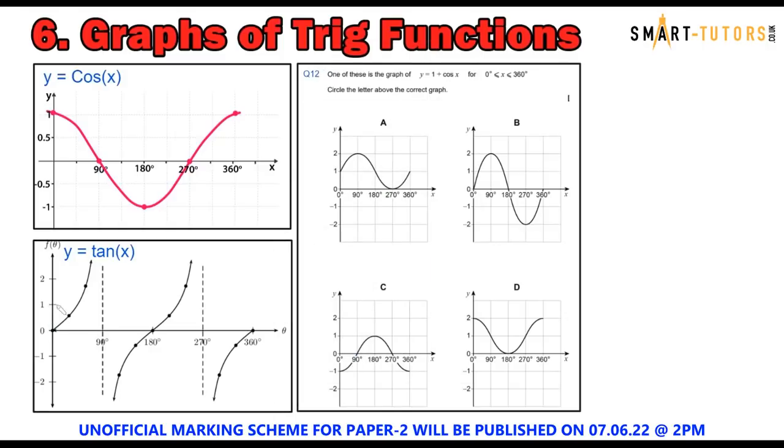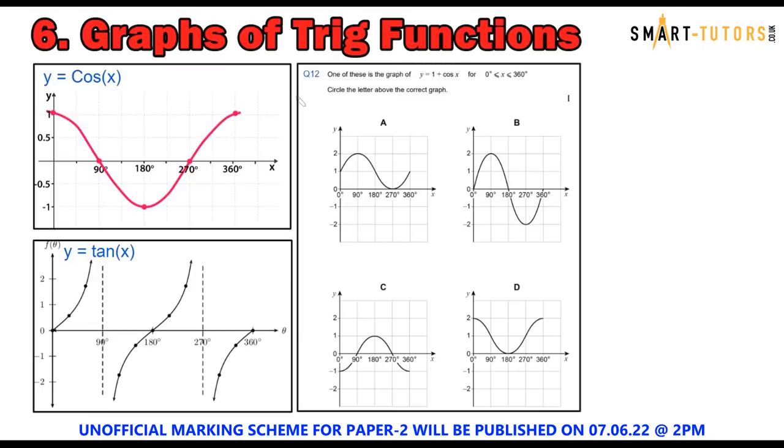The tan graph has an asymptote, where the graph is not intersecting, at 90 and 270 and the same multiples. At 90, the top part is not touching, the bottom part is also not touching, same as 270.